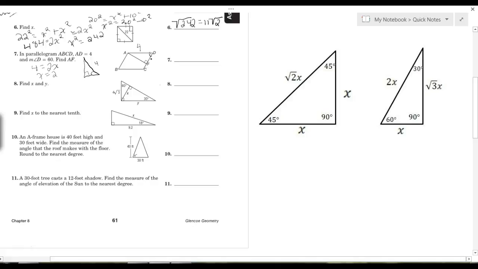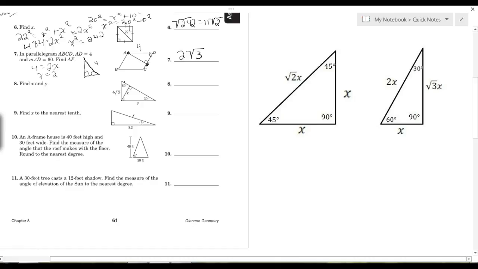Well, if I go back to my original diagram, it asks me to find AF, and AF is across from my 60. So again, across from my 60 is the square root of 3 times x. I've already found that x is 2, so I just plug in 2 for x, and it's the square root of 3 times 2, but I'm going to write the 2 in front because that's how we write radicals. So that's my simple answer for number 7.